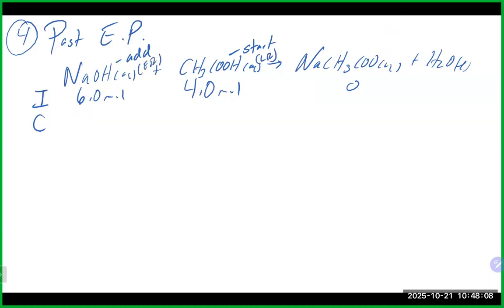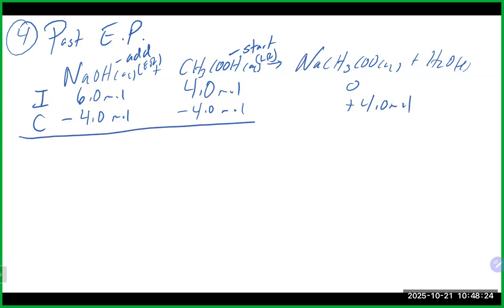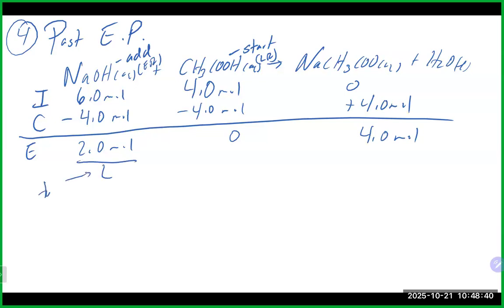And now we got plenty of moles of sodium hydroxide because you just keep adding it from your burette. So the change here should be the acid, the smaller number, yeah, -4, and +4 moles here. That means at equilibrium, we will end up with 2 moles, 0, and 4 moles at this point. Like normal here, we're going to throw everybody back into molarity by dividing by our total volume.